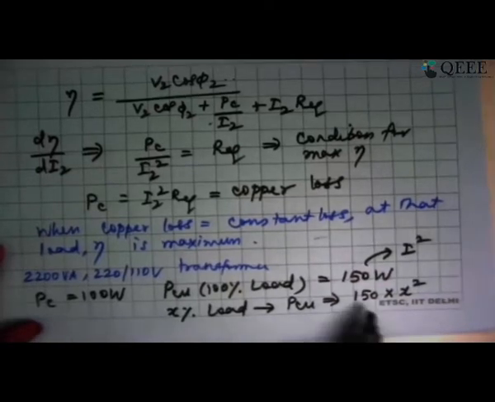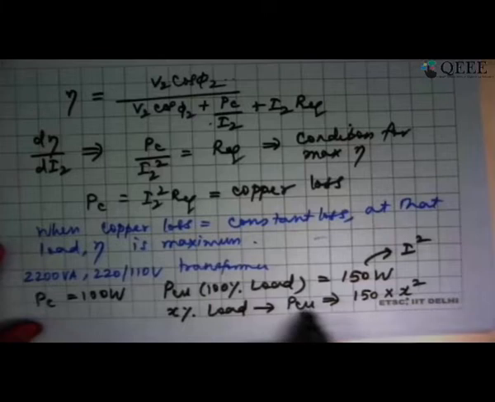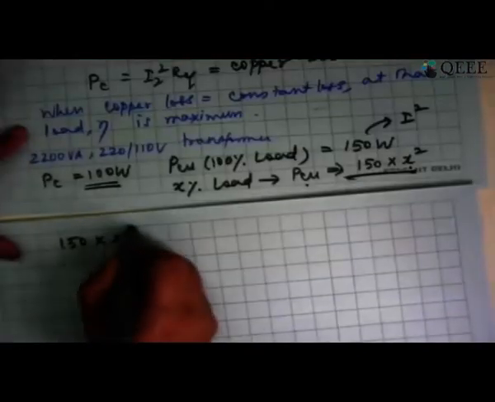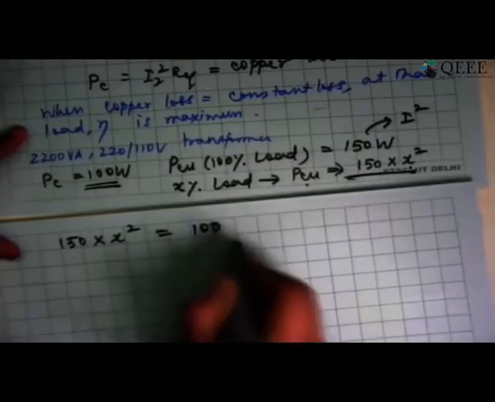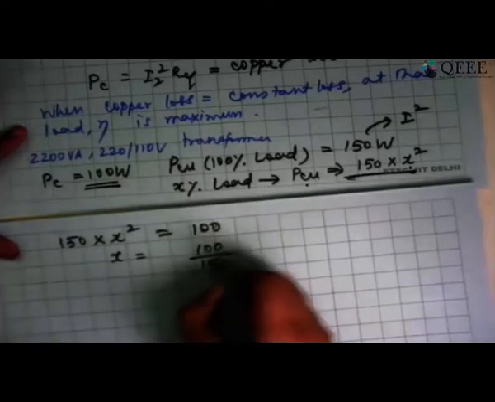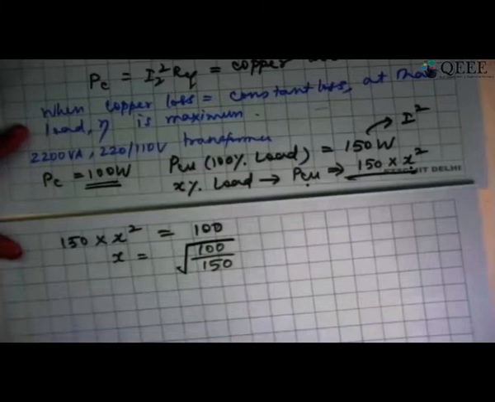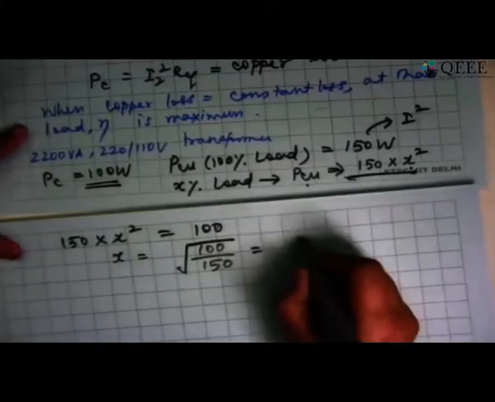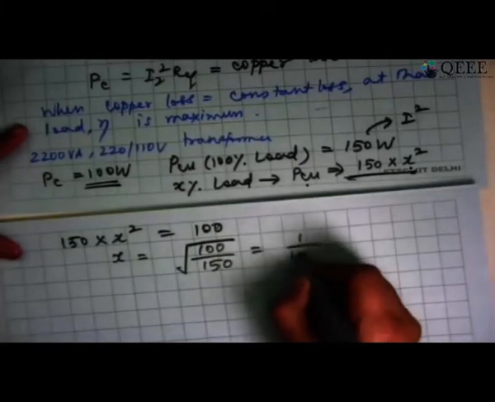Now what we have to see is at what X value the copper loss calculated at that X load is equal to 100 watts. So I should write 150 times X square equal to 100. So X will be equal to the square root of 100 divided by 150, that is, the square root of 1 by 1.5.